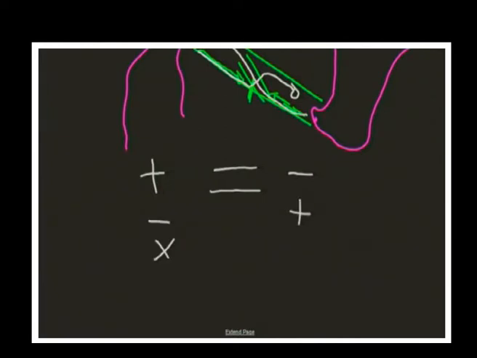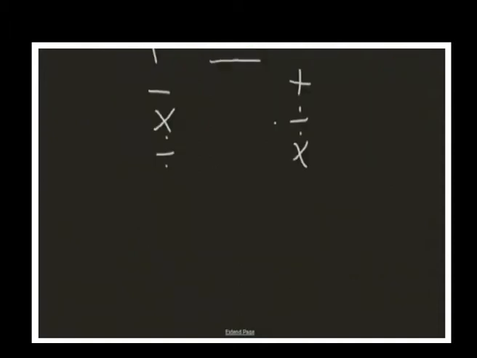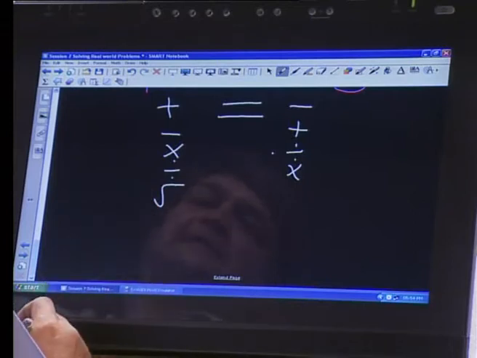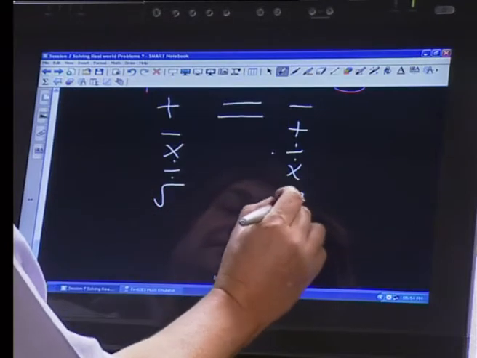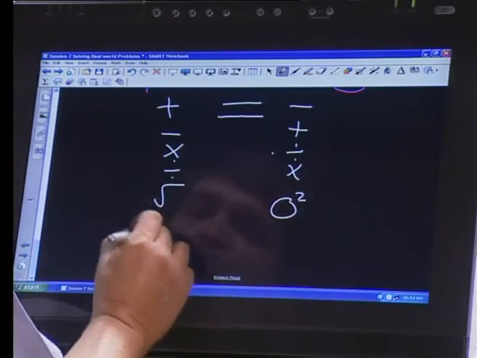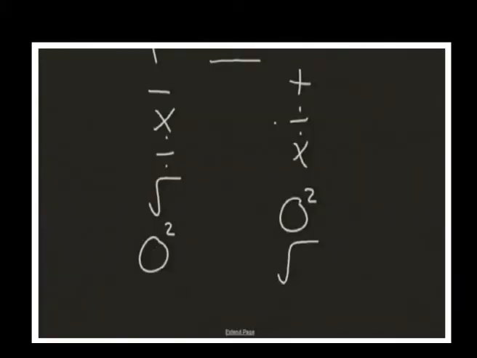A times is going to become a what? Divide, absolutely. And a divide is going to become a times. Here's something that's going to make you think. What's a square root going to become? It's going to become a squared. And a squared is going to become a square root. So whenever we change over an equal sign, we know our signs are going to change.